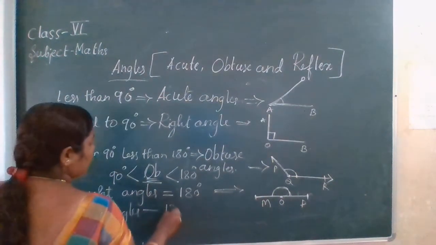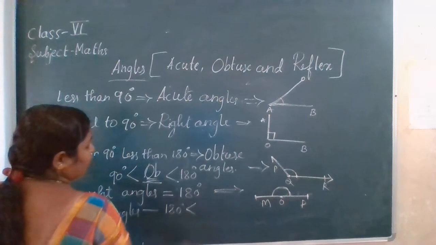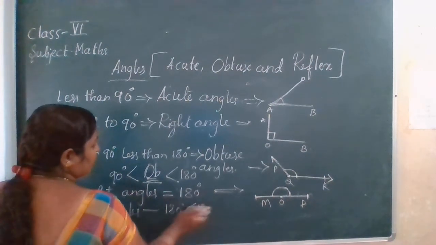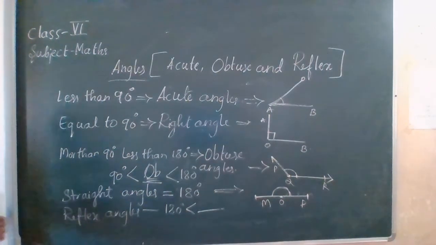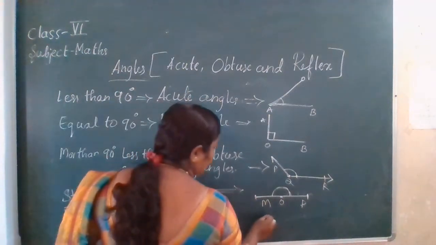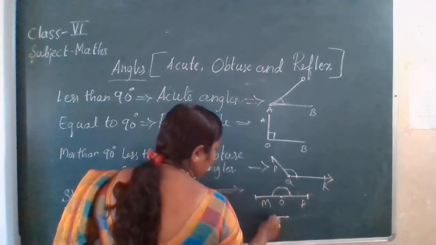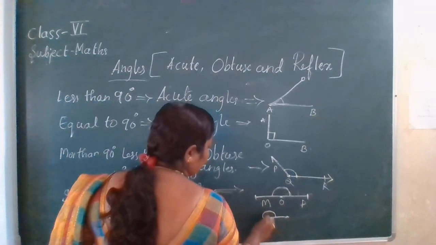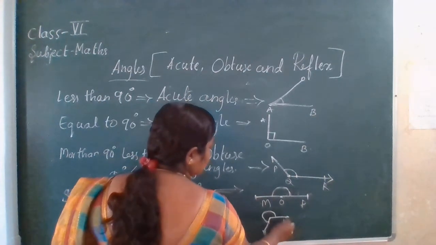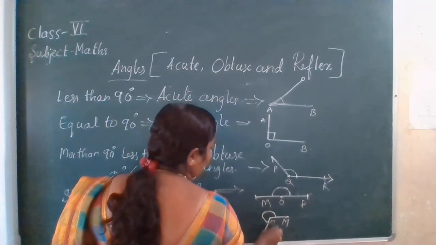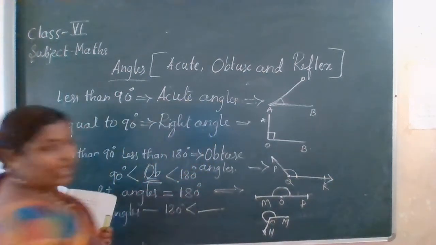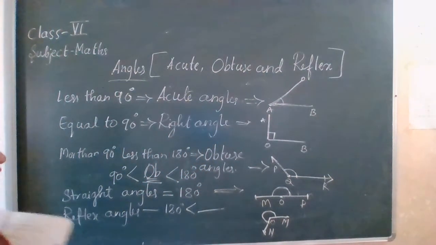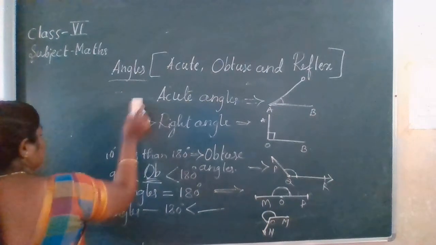Last is reflex. These are more than 180. These are called reflex angles. This is MON. Like this, these angles are called reflex angles.